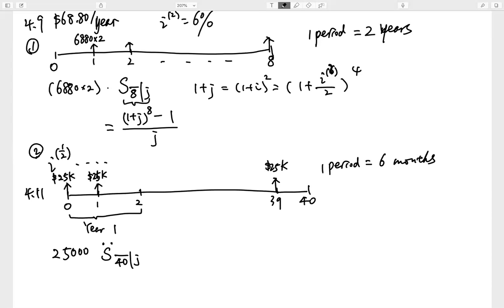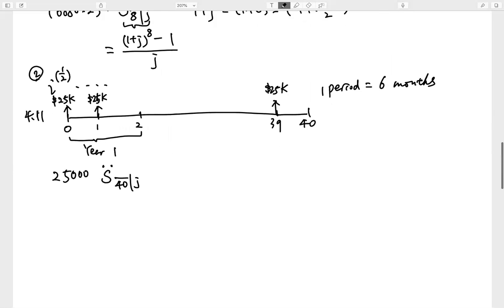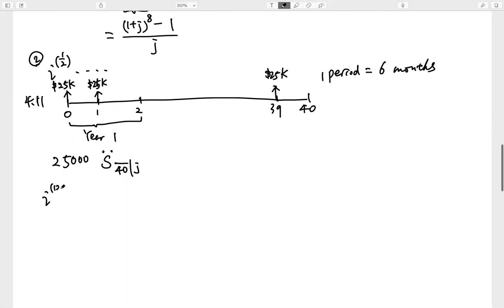Then I will need to know the effective interest rate per period, or every 6 months. The interest rate we have from the question is 6% convertible monthly. So what I have is actually i upper 12 is 6% convertible monthly, 4.11.